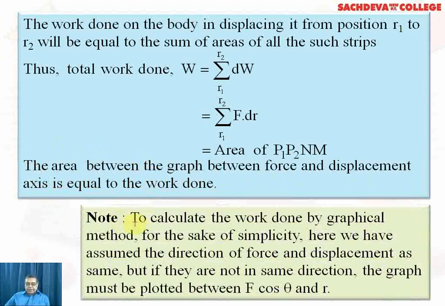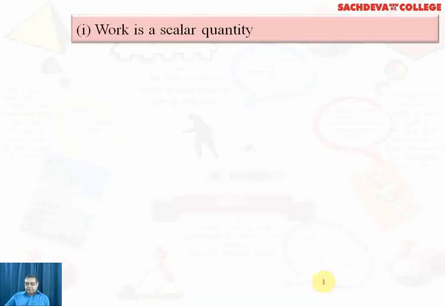Now, an important note for calculating work done by the graphical method: for the sake of simplicity, here we have assumed that the direction of force and displacement is the same. But if they are not in the same direction, the graph must be plotted between F cos theta and r, where r is the displacement and F cos theta is the component of force along the displacement.